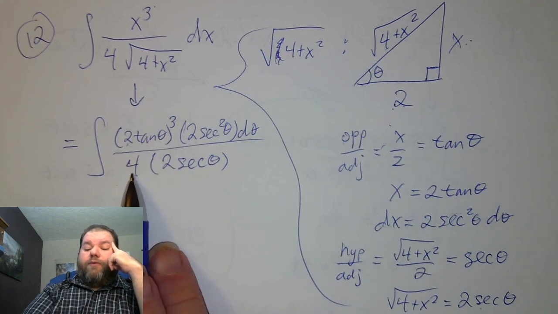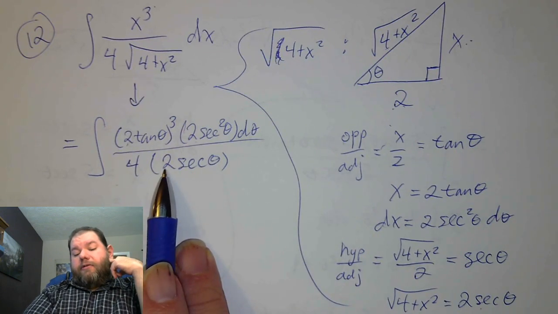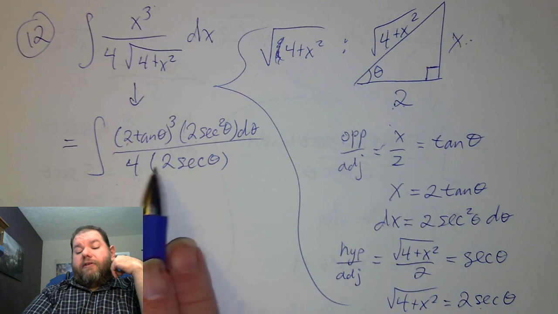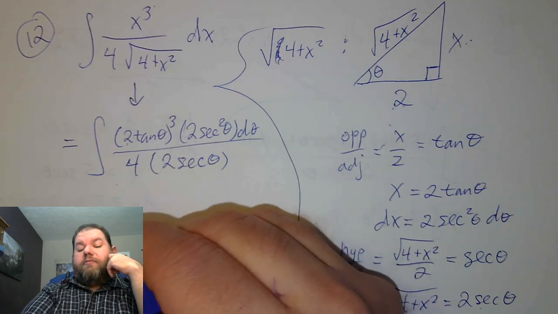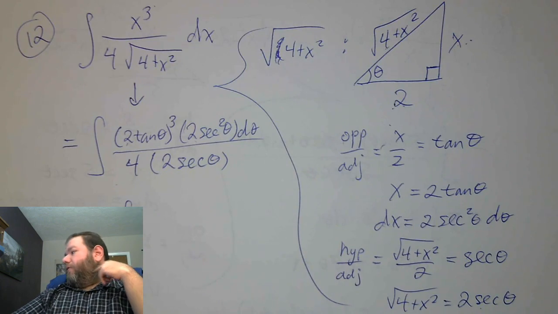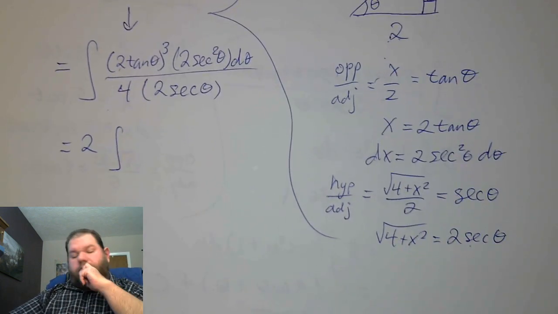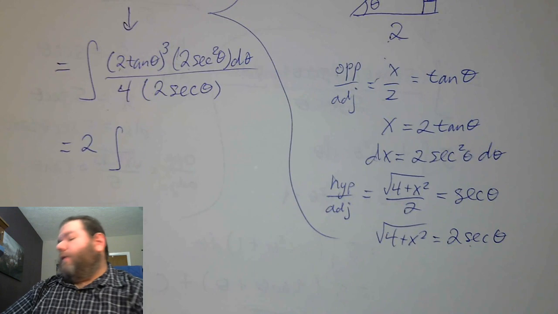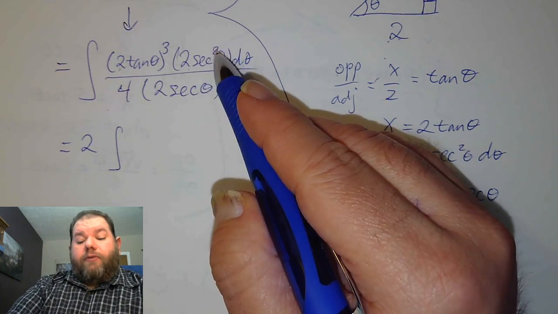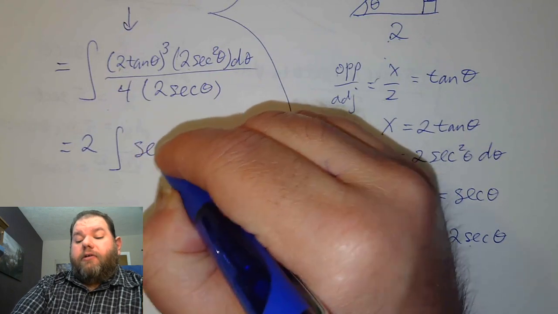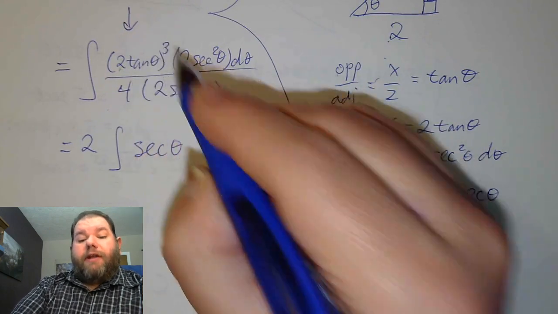And on the bottom we have 4 times 2, which is 8. This 8 cancels out that 8, and we just have 2 remaining. We know that one of our secants will cancel out, so 1 secant remains. We also have a tangent cubed.